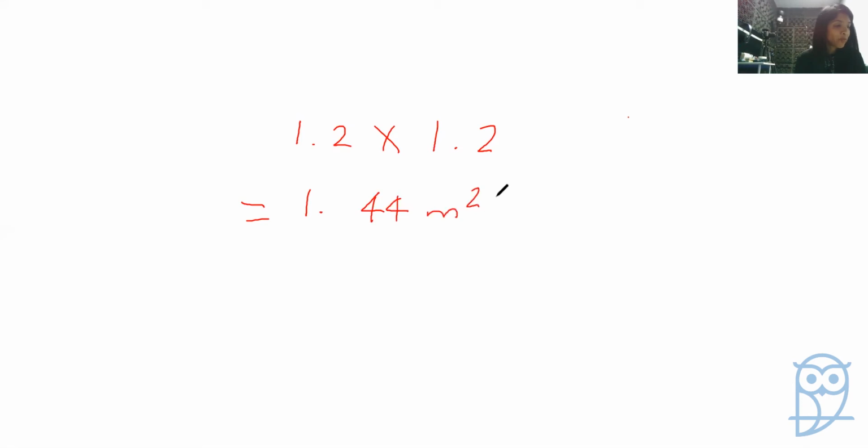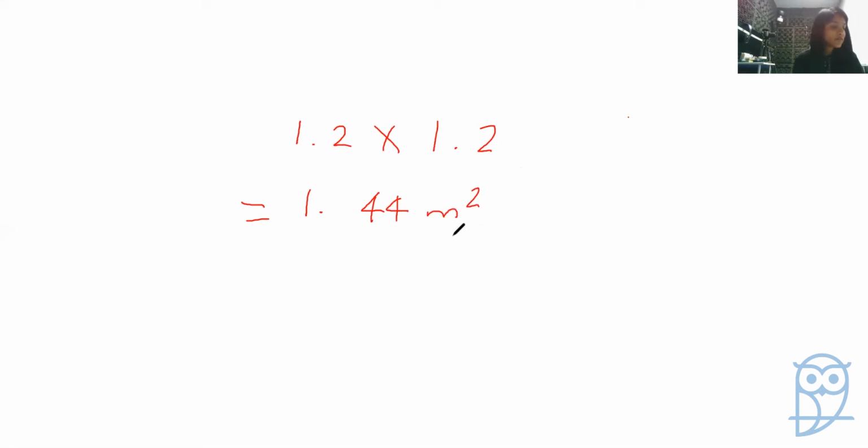So what they've given us is in square kilometers. Now they want to know what is its area in hectares. So we know that it's going to say 1.2 times 1.2, and it should be 1.44 meters squared. But now they want to know what is its area in hectares.